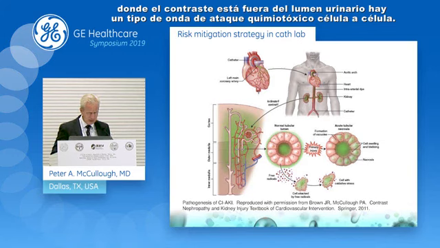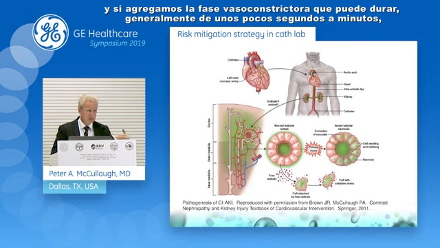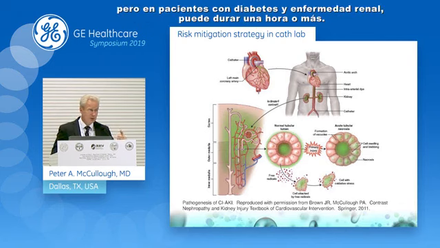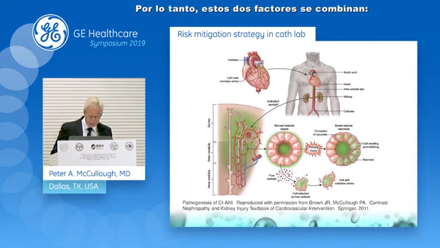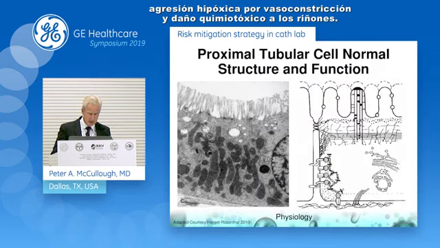There is a cell-to-cell chemotoxic wavefront of injury. Contrast itself in cell preparations is chemotoxic. And when we add the vasoconstrictive phase, which in a normal kidney only lasts a few seconds to a few minutes, but in patients who have diabetes and kidney disease can last an hour or more, you combine those two factors: a vasoconstrictive hypoxic injury and a chemotoxic injury to the kidneys.